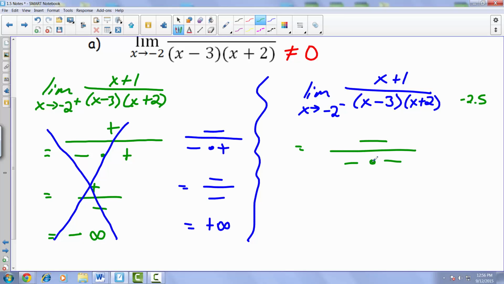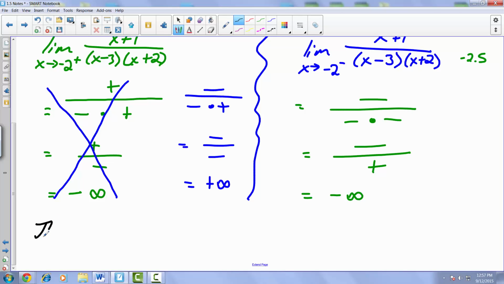Negative times a negative gives us a positive, so we'd end up with a positive on the bottom. So a negative divided by a positive comes out to be a negative. So as you get closer and closer to that vertical asymptote, you should end up going toward negative infinity. Since these do not match, this limit just would not exist.